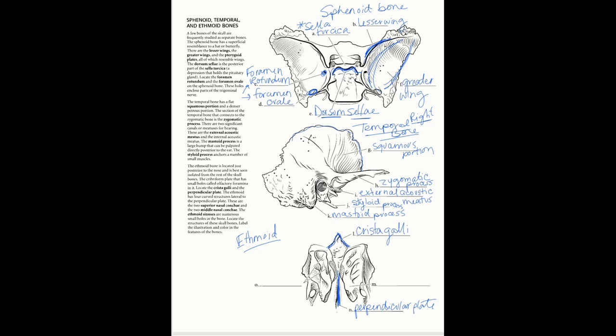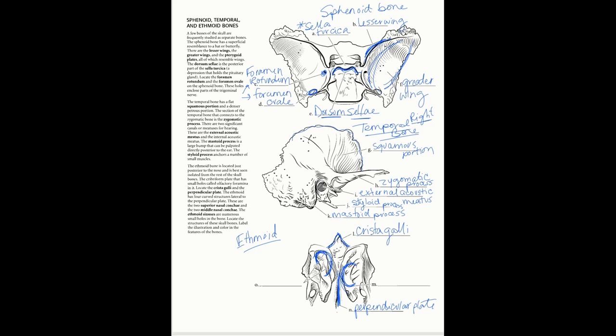And within your nasal cavity, you have these structures. This isn't the greatest view. I'm going to draw over it. We have these structures called nasal concha. The purpose is to make you think of a conch shell.